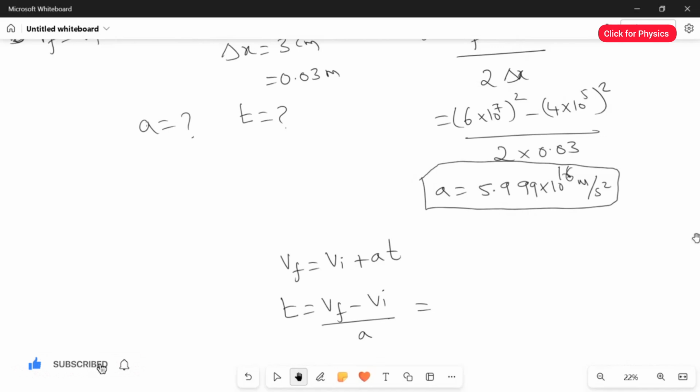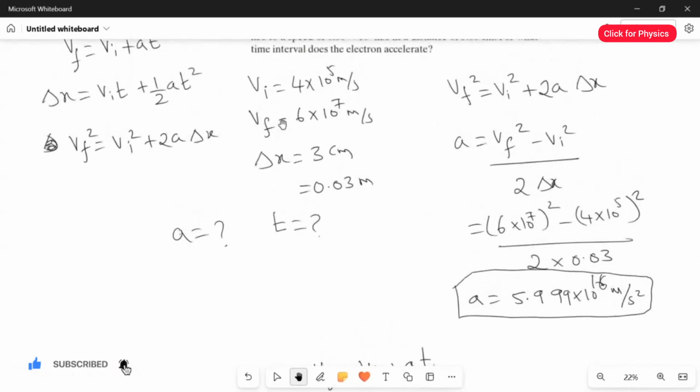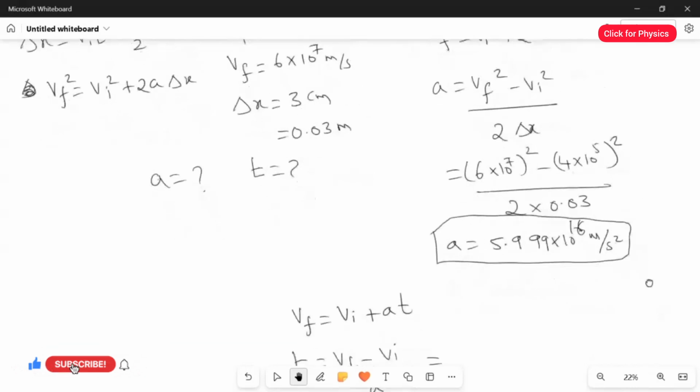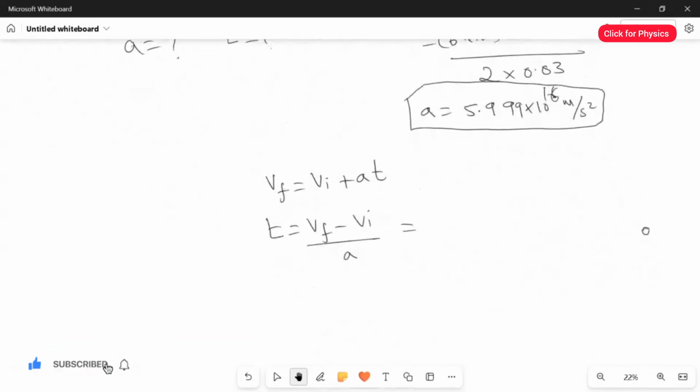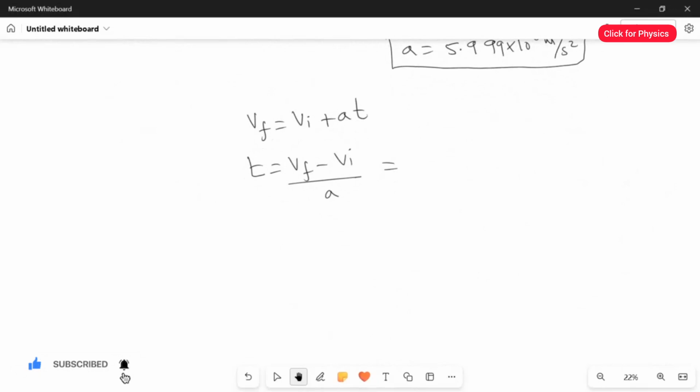Now I have to substitute the values here. V final is 6 × 10^7 and v initial is 4 × 10^5, and the acceleration we just got is 5.999 × 10^16. So we substitute 6 × 10^7 minus 4 × 10^5 divided by the acceleration 5.999 × 10^16.